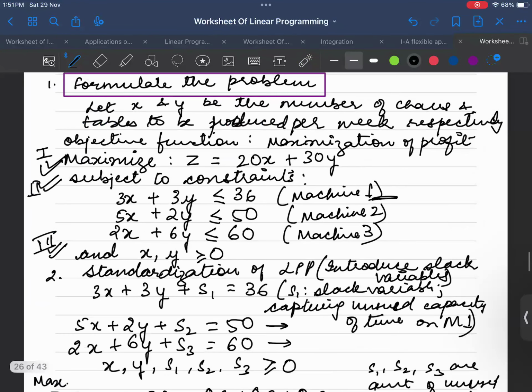Now, we know, let n equal the number of variables in the standardized form. In the standardized form, we have x1, x2, s1, s2, which means there are 4 variables.